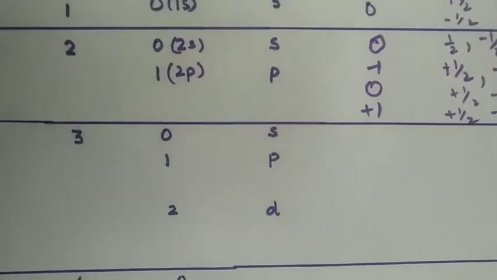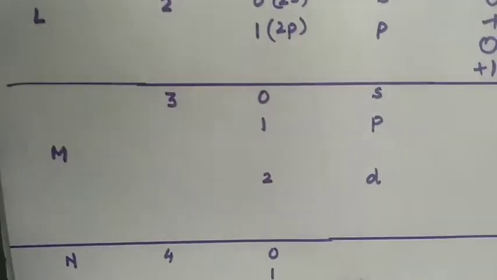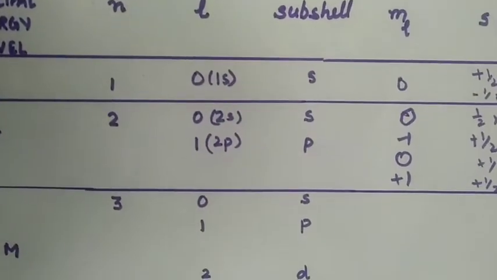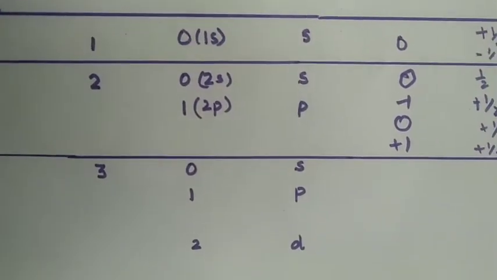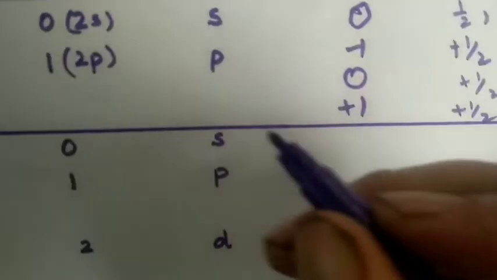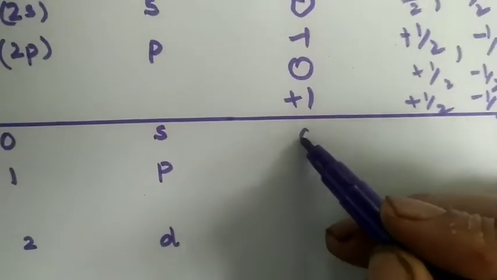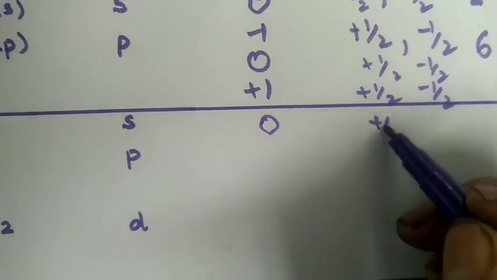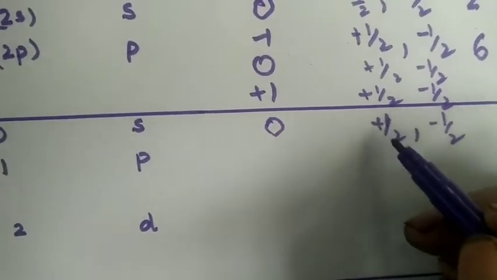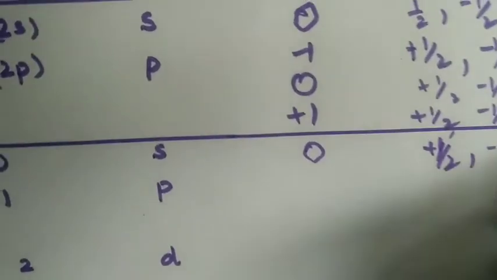Now next is M energy level. Principal energy level is M. So for this, the value of n will be 3 and values of L can be 0, 1, 2. 0 is S and for S the values of ML will be 0 only, and spin values will be plus half and minus half.